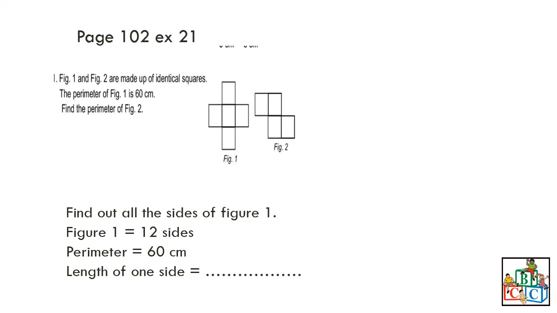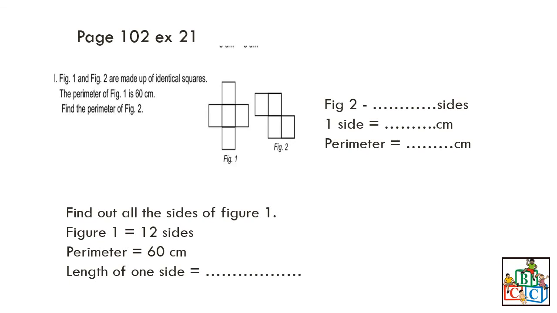Now the question, find the perimeter of figure 2. What about figure 2? The same, you're going to count the number of sides. So the length of one side that you will get for figure 1, you're going to write one side for figure 2 is equal to the same length as you have calculated for figure 1.